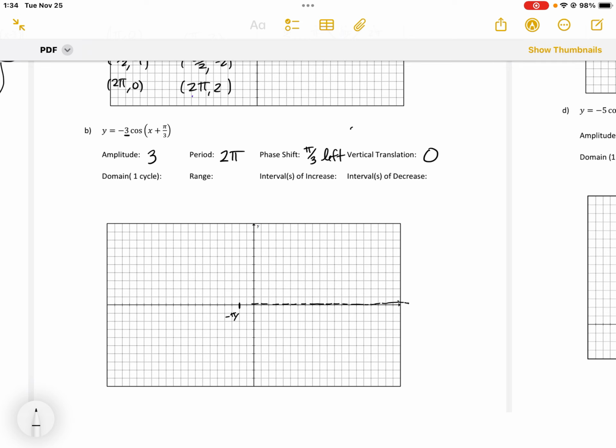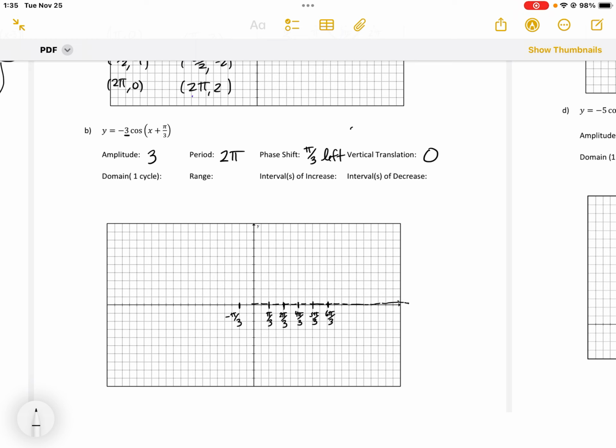So that means that 2 boxes are worth pi over 3. So I can label them here. I've got pi over 3. 2 more boxes would then be 2 pi over 3. 2 more boxes would then be 4 pi over 3. 2 more would then be 5 pi over 3. And then 2 more would be 6 pi over 3, which is 2 pi. And so I'm going to stop there for now, and then I'm going to keep going here.